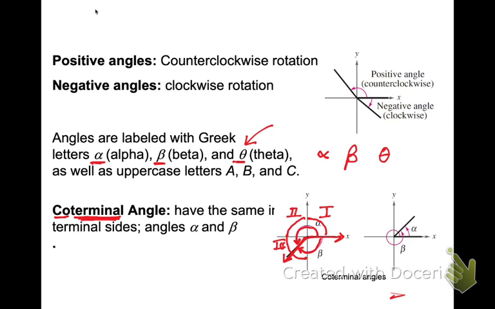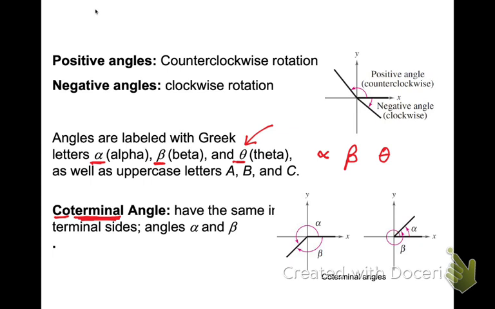Okay, what about beta? We're going negative now, so this is negative 90, yes? And this is negative 180, so it's about... What do you think, with a picture like this, those two angles add up to be? 360.